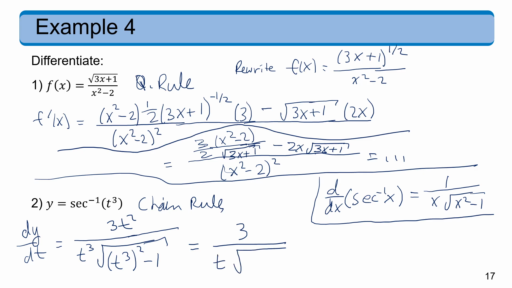And then under the square root, where we have t cubed squared, we multiply exponents, so that would be t to the 6th minus 1. And there, that looks a lot nicer. Like I said, there are many other situations you might encounter when you're asked to differentiate functions, so you'll want to make sure you review all the rules we covered in Chapter 3.